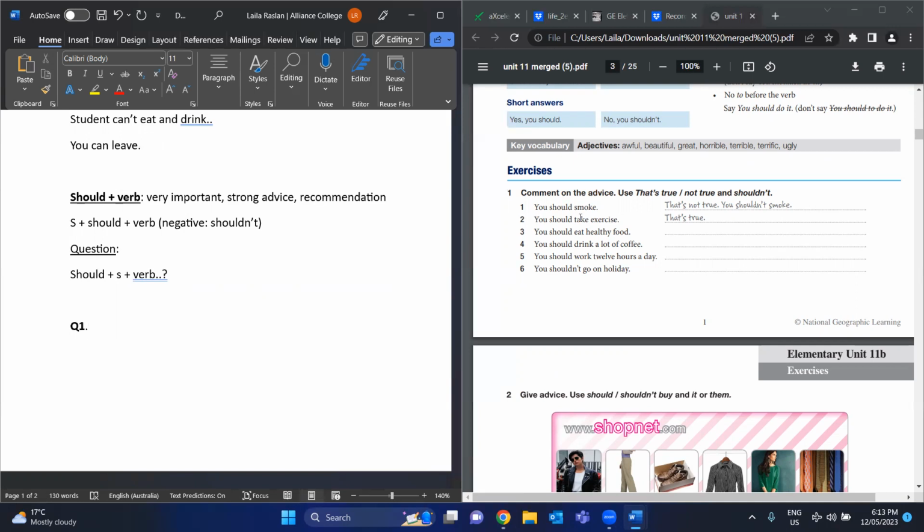Yeah, that's true. You should do exercise. Yeah, you should exercise. You don't even need do. It's more common for us to say you should exercise or you should do exercise. Only yes, you should. Correct. You don't need to put the verb. Yes, you should. No, you shouldn't.